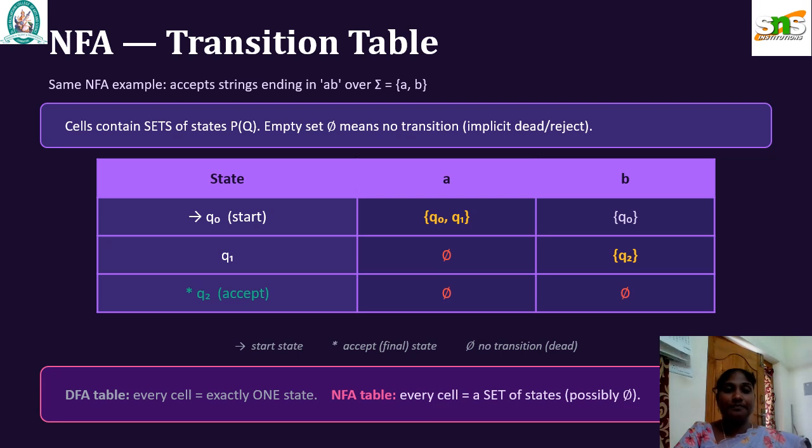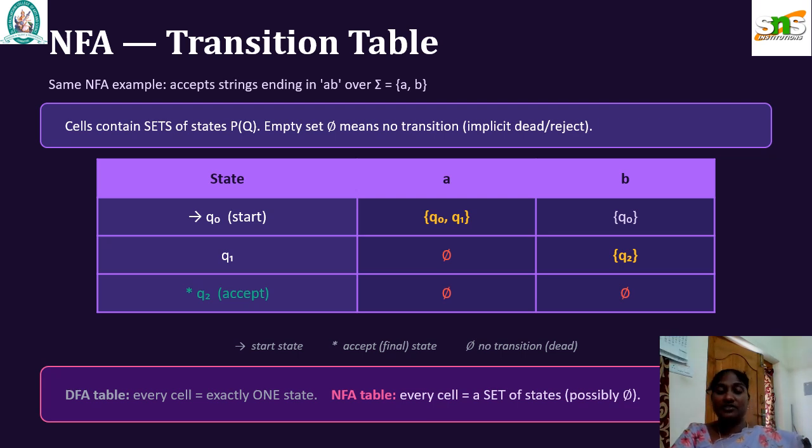Transition table. This is another notation to represent the NFA. Rows represent the states and columns represent the input symbols. Q0, Q1, Q2 are the states. Q0 is the start state, denoted with a right arrow, and Q2 is the accept state or final state, denoted with an asterisk.